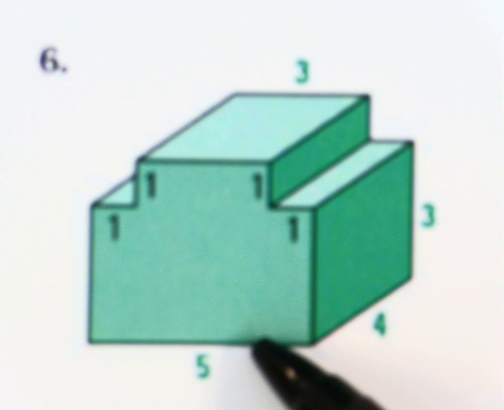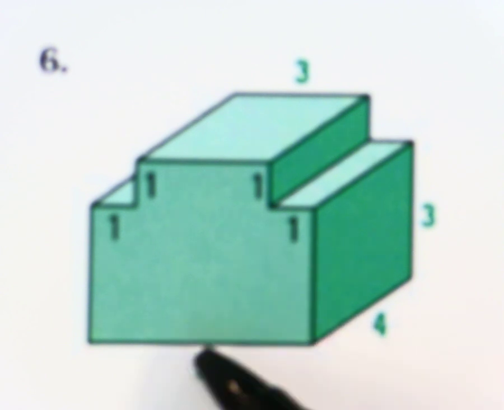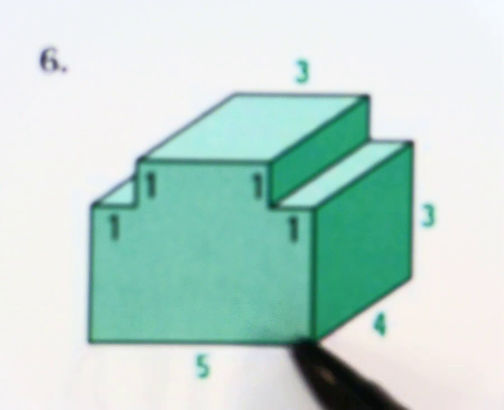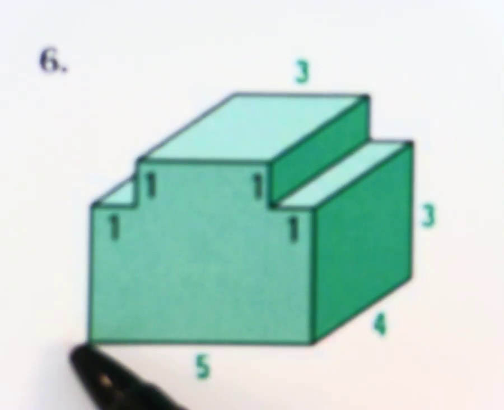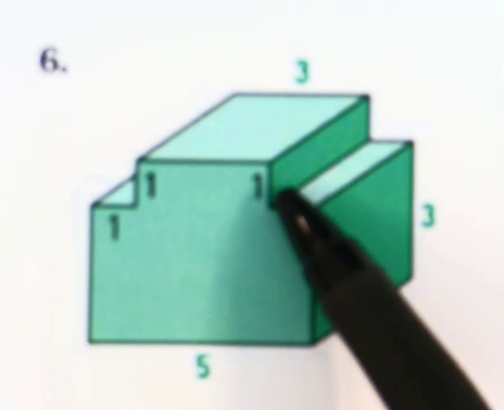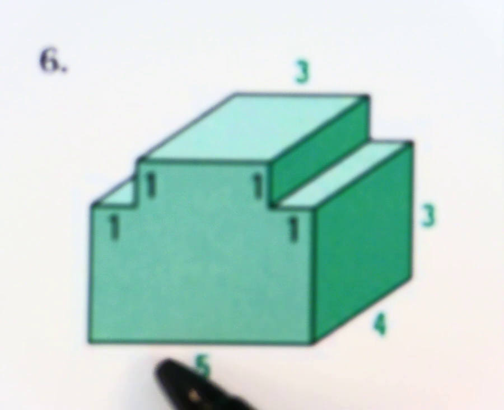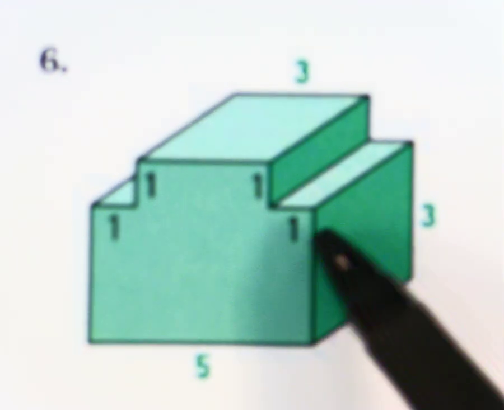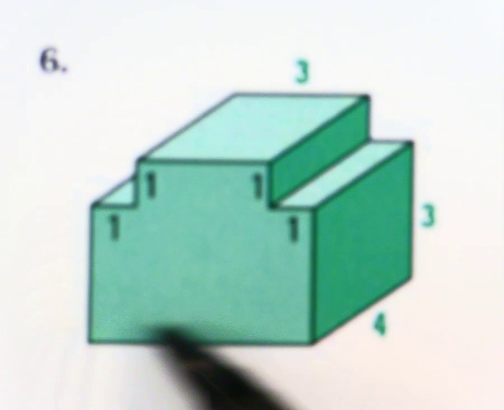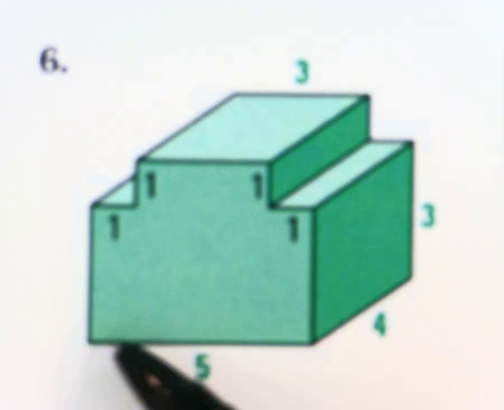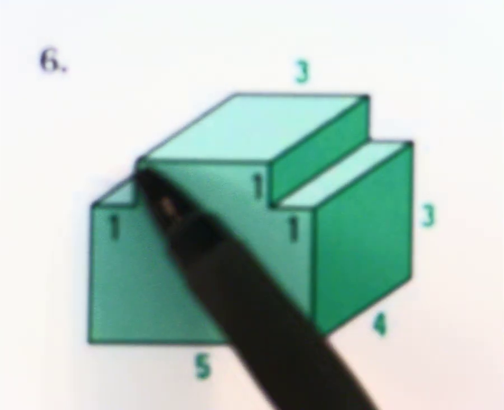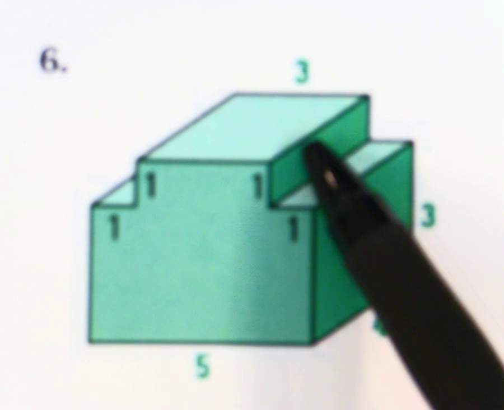So the area of the front. Well, I can either think of it as 5 units by 4 units, which is 20, take off the corners, 2, for 18 units, or I could divide it up and say maybe 5 by 3, 15 on the lower portion here, and then 1 by 3 on the top, so 15 plus 3 is 18.